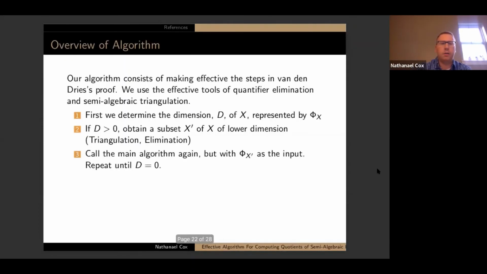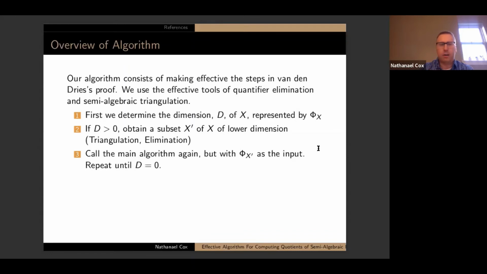And then Van den Dries's proof uses induction. So at this point, we have to call the main algorithm again, but with our formula for X prime as the input. And then we just repeat this until we obtain a space that is dimension capital D equal to 0. Right? And sometimes you could go down one dimension, sometimes you could go down several.